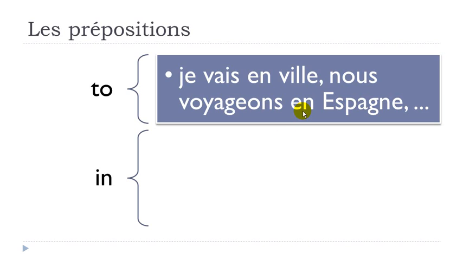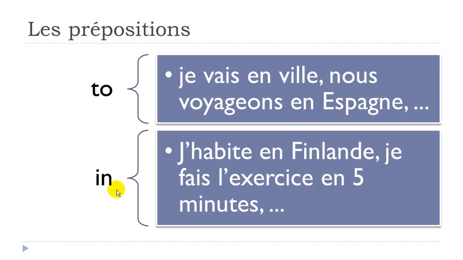Other use could be this in. For instance, j'habite en Finlande. Habiter is to live. I live in Finland. J'habite en Finlande. Je fais l'exercice en 5 minutes. So I do, faire is to do, l'exercice, the exercise, in 5 minutes.